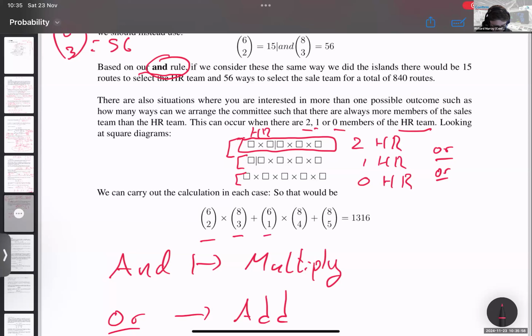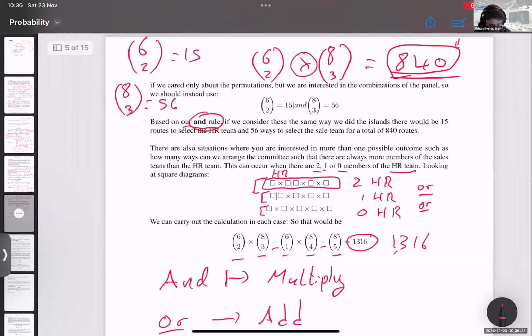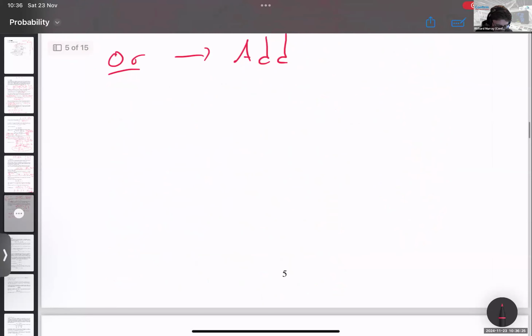Then we'd have 6 choose 1, 8 times 8 choose 4, and then we'd do our last case, which is just 8 choose 5, and we'd add these together because they're alternative options, which gives us our total of 1,316. So 1,316 ways that we could do this where there are more members of the sales team than the HR team.